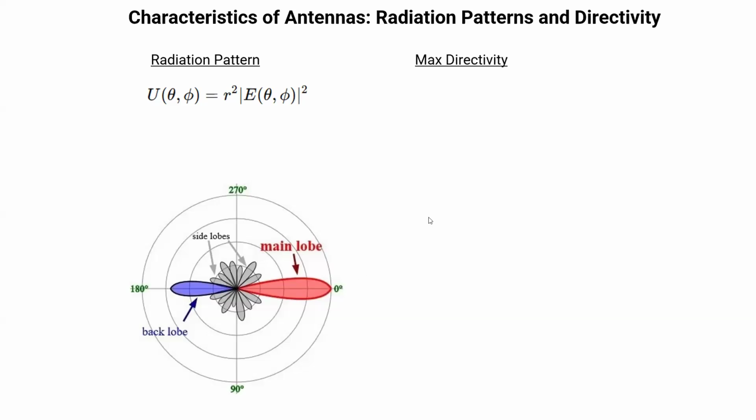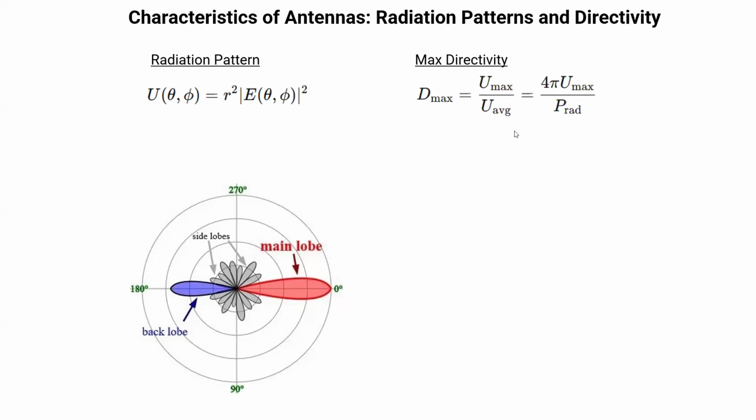So in order to numerically describe the ability of the antenna to form a directed beam lobe, we introduce the function of maximum directivity.